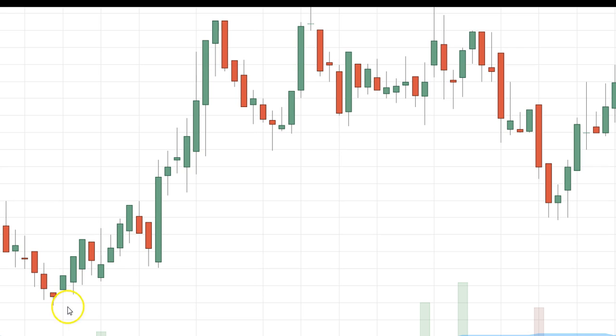Only in downtrend markets are we going to get this kind of Morning Star, and we are going to discuss Evening Star also very clearly. Evening Star and Morning Star are very important, and they give very accurate results in terms of trading.